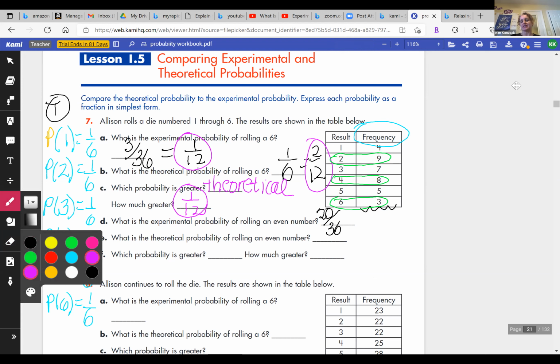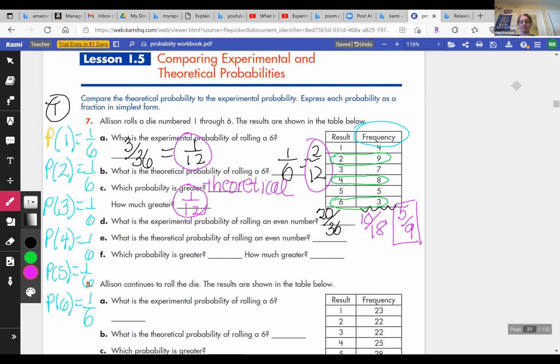Or if you know it happens to be 4, you could divide by 4 first. But let's say you divided by 2, so you would get 10 out of 18. Then if you divide by 2 again, you would get 5 out of 9. That makes sense? Okay.